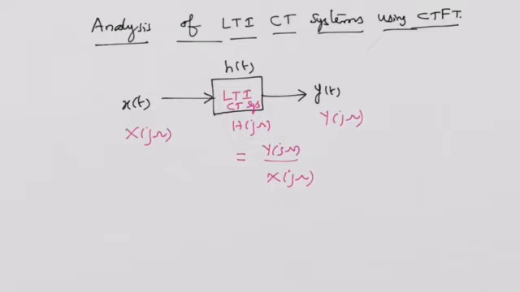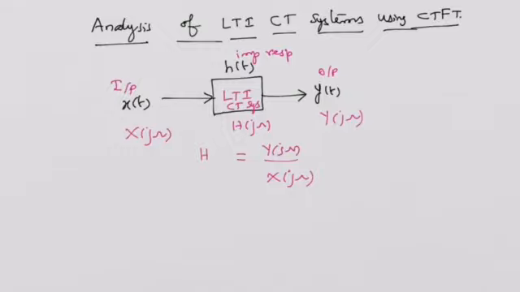Now you know that the system is represented here, takes an input x of t and produces an output y of t, and the characteristics of the system is defined using impulse response, and upon application of CTFT on all those variables, x of t will produce X of j omega, h of t will produce H of j omega, y of t will produce Y of j omega.